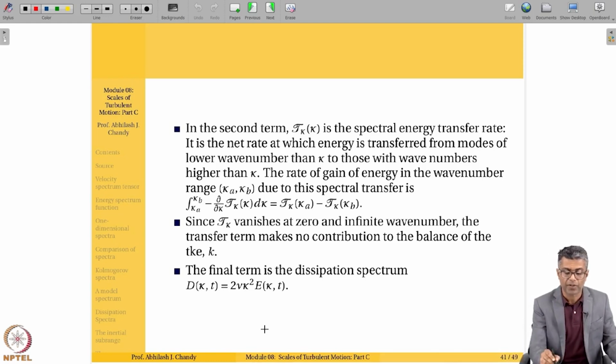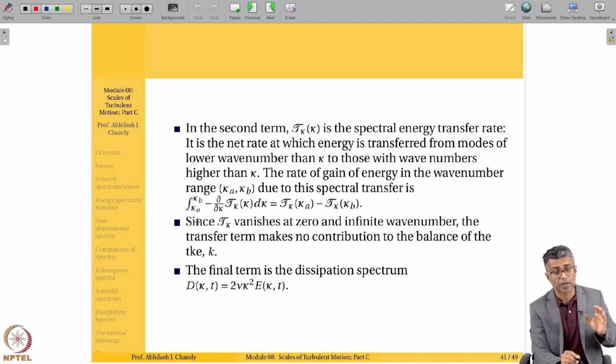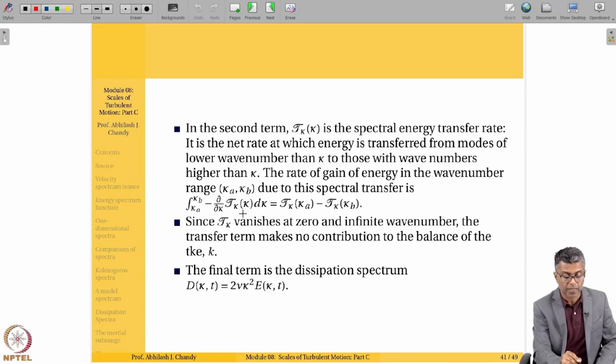The rate of gain of energy in the wave number range kappa A to kappa B due to the spectral transfer is, since this is a spectral transfer rate, the integral of del kappa of T kappa of kappa, d kappa from kappa A to kappa B.